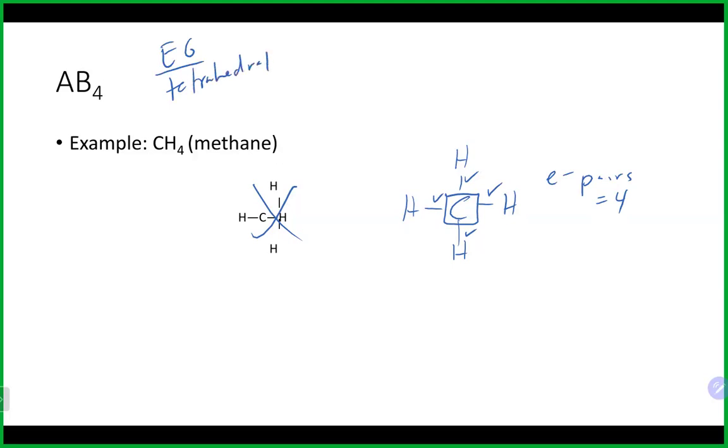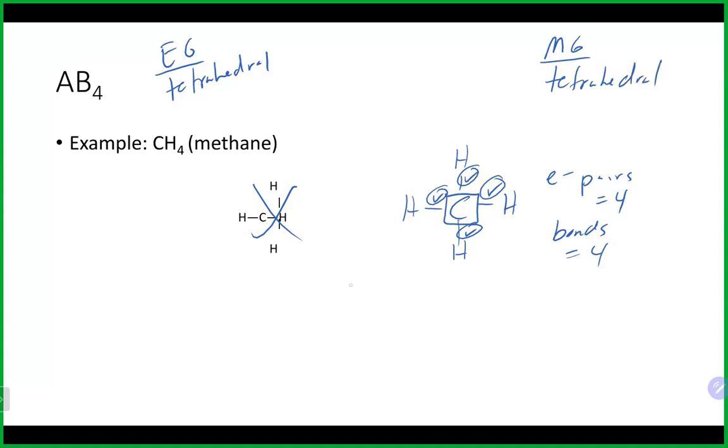Some people call it tetrahedron if you're old school, but nowadays books go tetrahedral. In this case, we also have 1, 2, 3, and 4 bonds as well. So bonds are 4. So the molecular geometry name is also going to be tetrahedral.